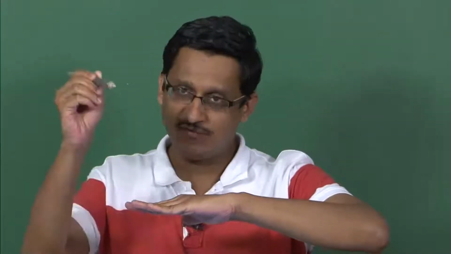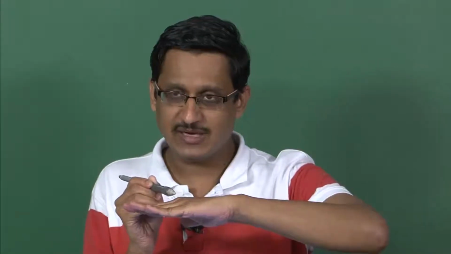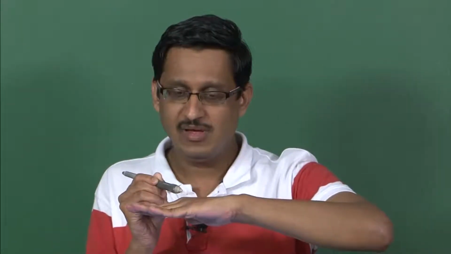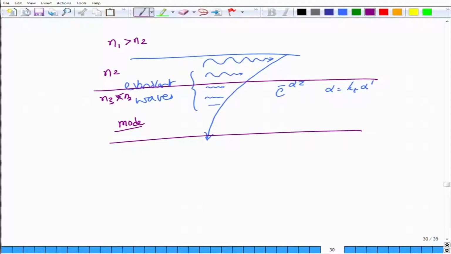Light will be reflected back into the prism, but there will be evanescent waves generated from the prism in the gap, and because of this film that is now kept, it would generate modes inside the film, and you would actually couple light and excite light into the second medium. So this gap coupling by evanescent waves is a very common technique that was used and is sometimes used even now in coupling energy or coupling light into the second medium.